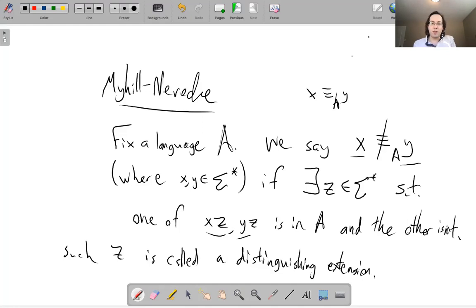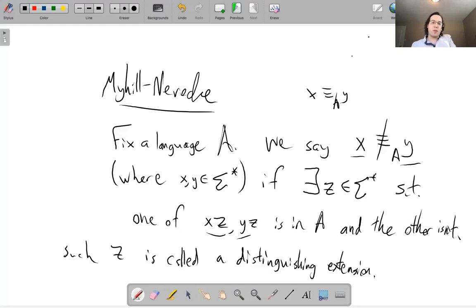Anyway, so the Myhill-Nerode theorem. First we've defined an equivalence relation here, which talks about whether X and Y are equivalent, which we should think in the back of our heads means whether they reach the same state when you run the DFA on these strings.